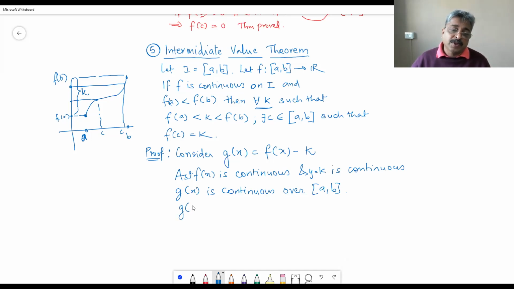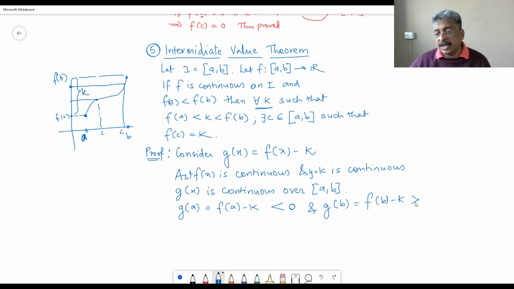g(a) is equal to f(a) minus k, which is less than 0, and g(b) is equal to f(b) minus k, which is greater than 0.